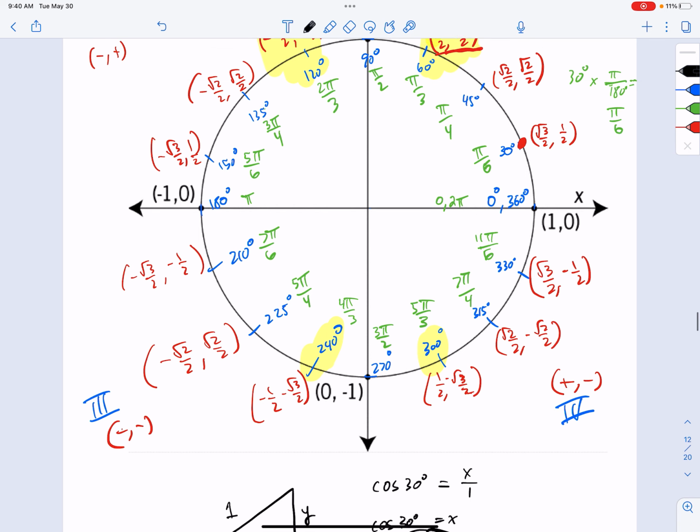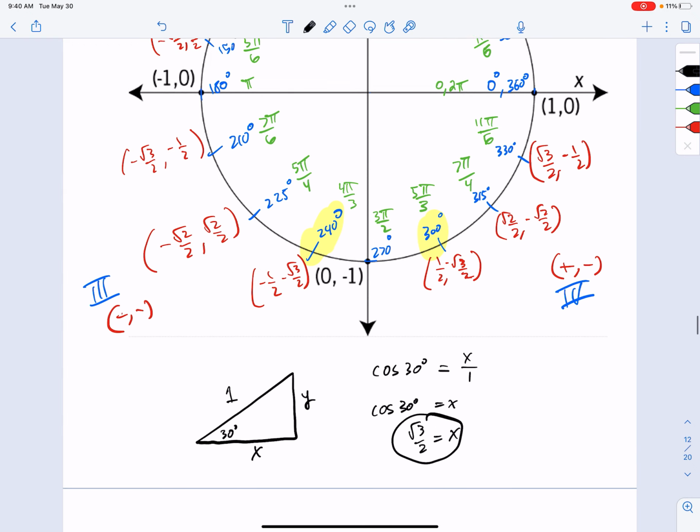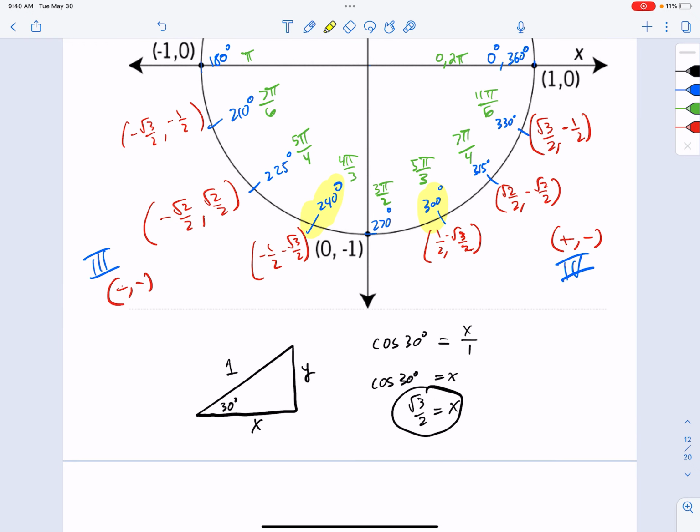Now what this is indicating is that the x coordinate for all of the coordinates all the way around the circle corresponds to the cosine of the angle. Okay, so that's just what we're seeing right here. Cosine of the angle gives us the x coordinate. And similarly, the sine of an angle, so if I did sine of 30 degrees, well, that's the y coordinate, the opposite coordinate, over 1.